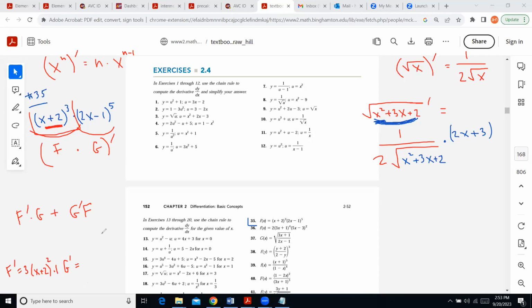For the other piece, for the second factor, which is a fifth power, I'm going to maybe move this a little bit farther away so it doesn't mess.